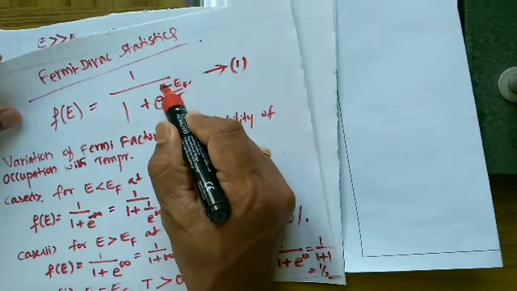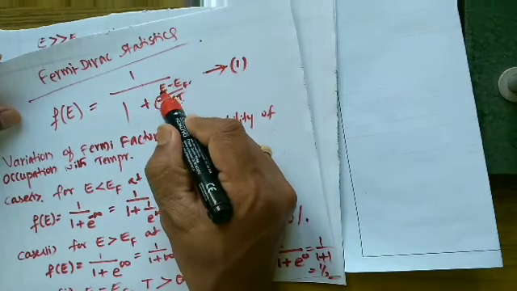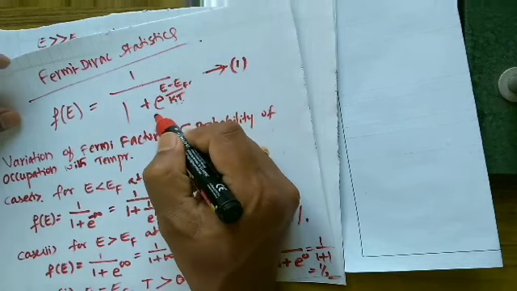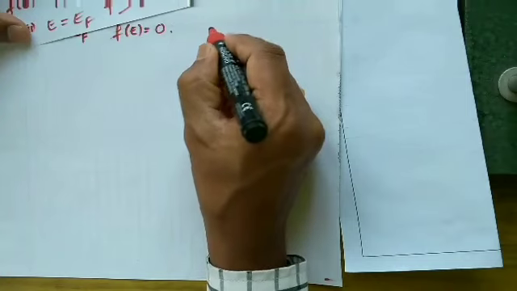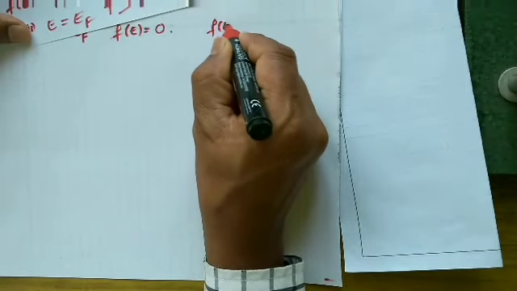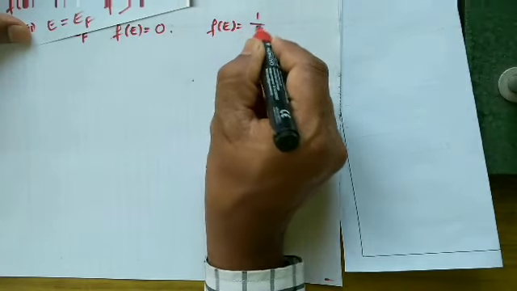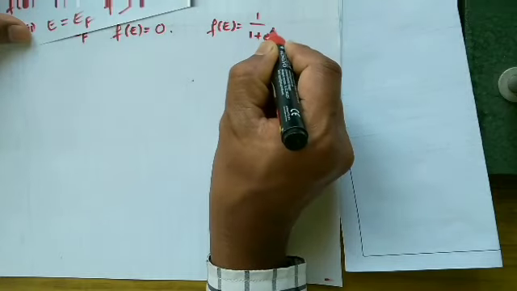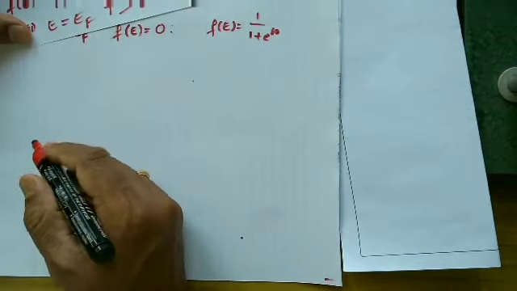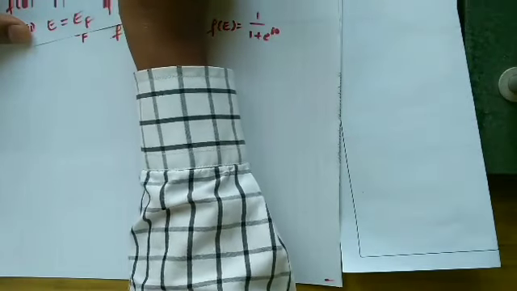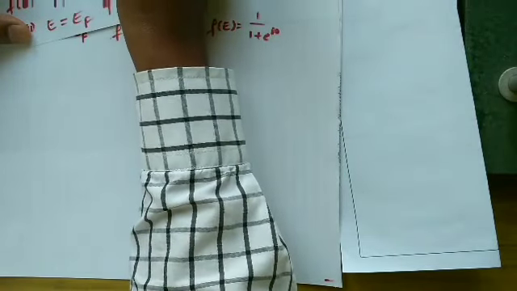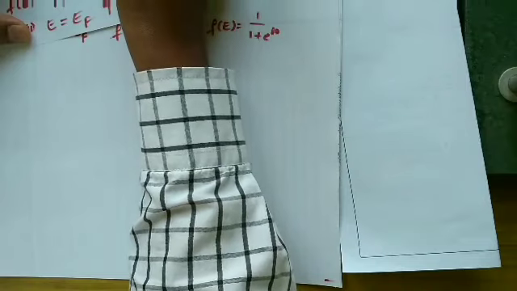If E is infinite, then the power of the exponent becomes plus infinity. That is e power plus infinity. So f of E is equal to 1 by 1 plus e power infinity. That is when E is very high compared to EF. So when E is relatively high, then E can be assumed as infinite.